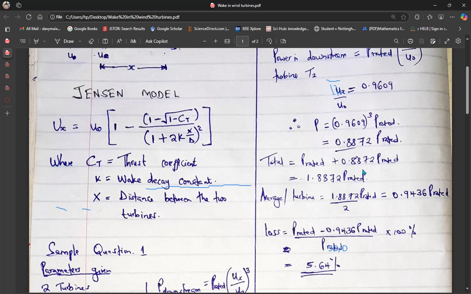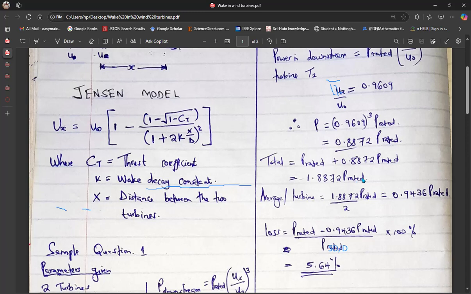And now we can determine the total power provided by the two turbines. The first one is 1 P rated and the second one is 0.8872 P rated, and then the total becomes 1.8872 P rated. But we had two turbines that are similar in rating and in everything.